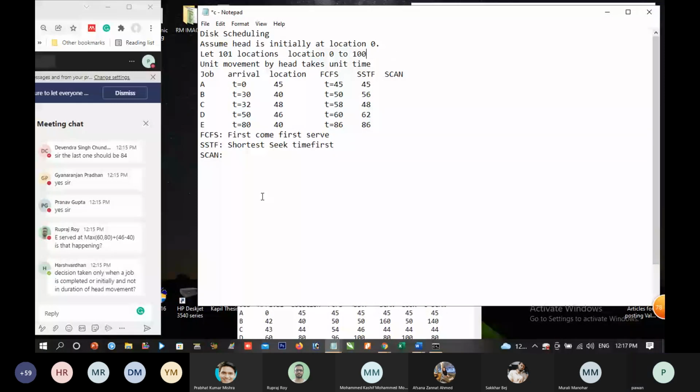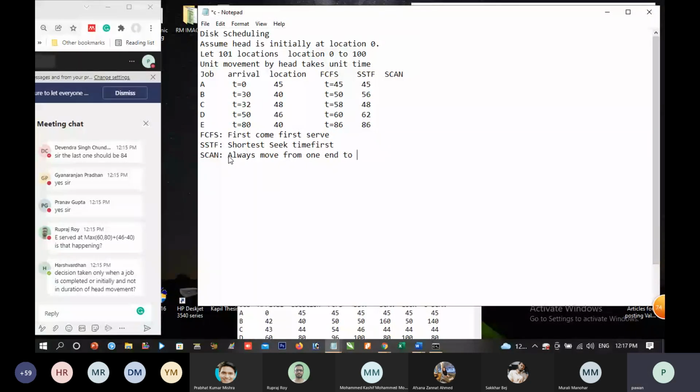Any doubt? Another method is we are always going from 0 to 100 and 100 to 0 and 0 to 100 and so on. Always move from one end to another.